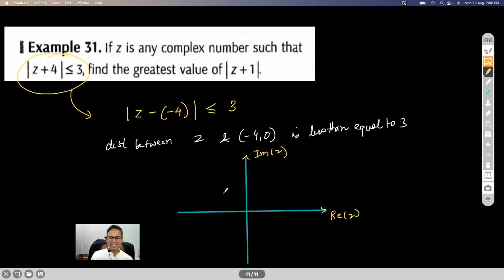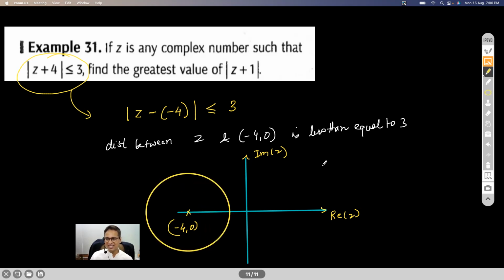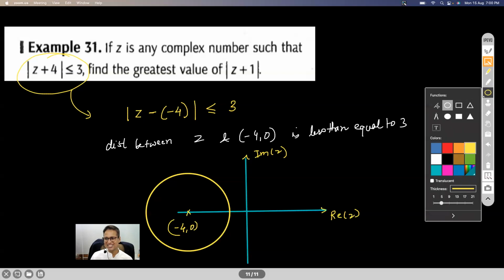So on the Argand plane, (minus 4, 0) is here. So your z is moving in such a way that its distance from this is always less than or equal to 3. So it is basically moving on a circle whose radius is 3. So it's always within the circle, isn't it? Yes or no?